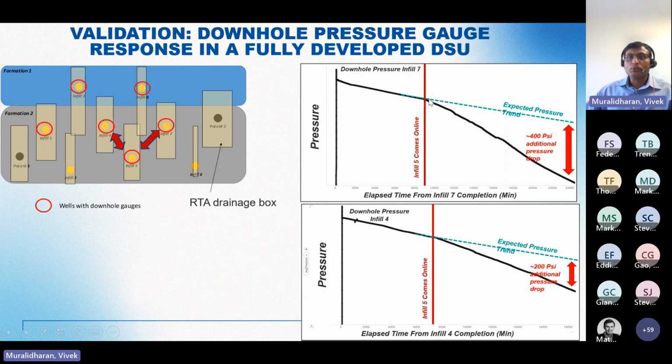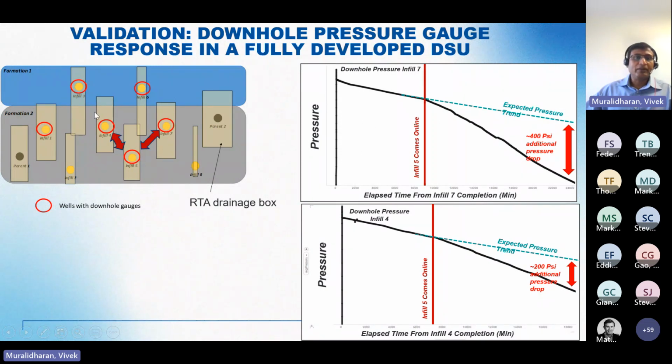The blue dashed line is the expected pressure trend, and you have a big change in behavior once the 5 came on. Same thing with the 4: it was producing, and when infill 5 came on, you can see that it deviates from the expected pressure trend, suggesting that there's interference between wells 4, 7, and 5.